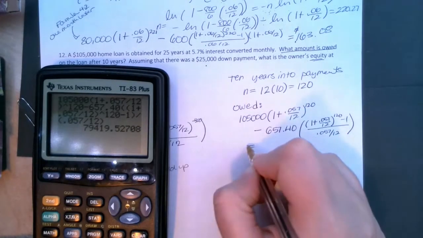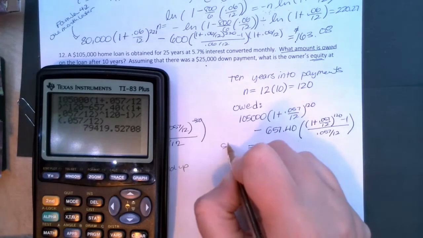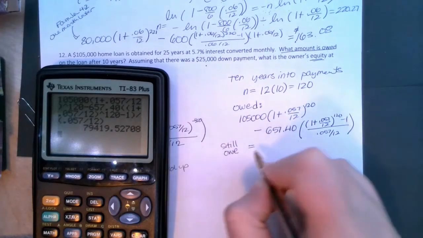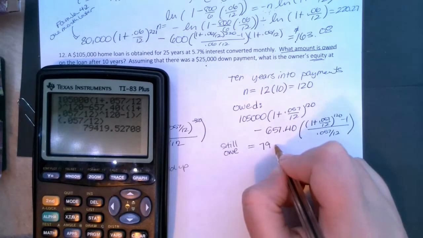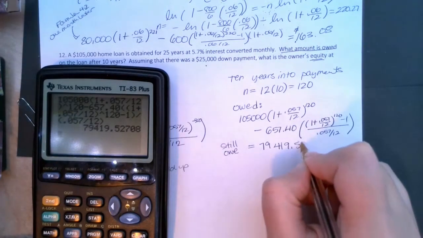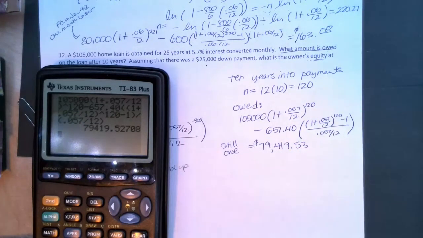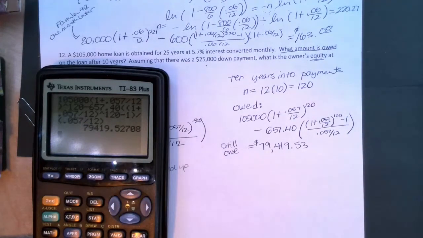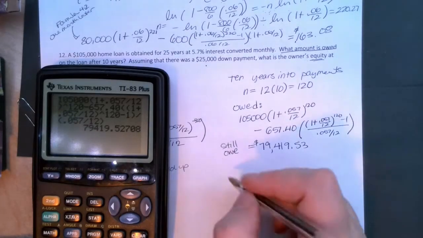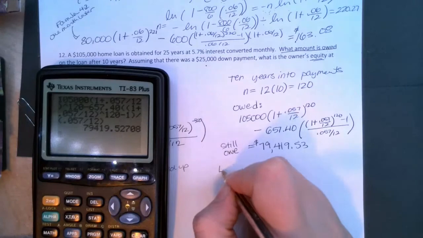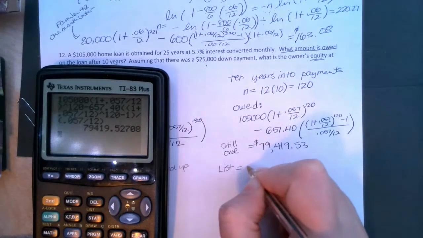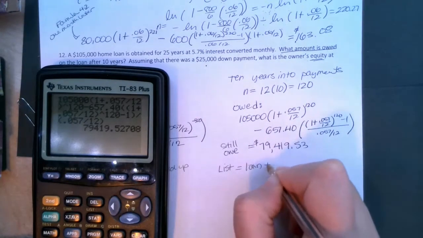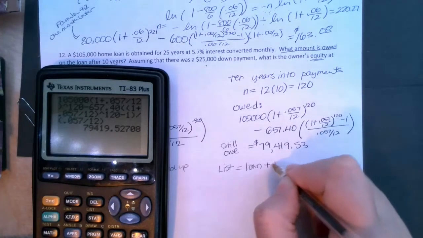So we get how much we still owe, sorry, $70,419.53, rounding up to the nearest penny, because here we have a 2 and a 7, so we're going to round up. Okay, now our equity is going to be list minus owed, so that means we need the list price. To get our list price, remember that's the loan plus the down payment.